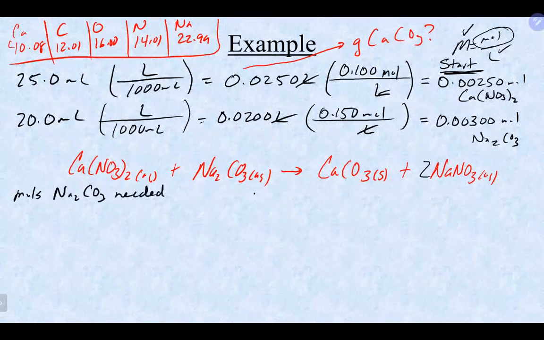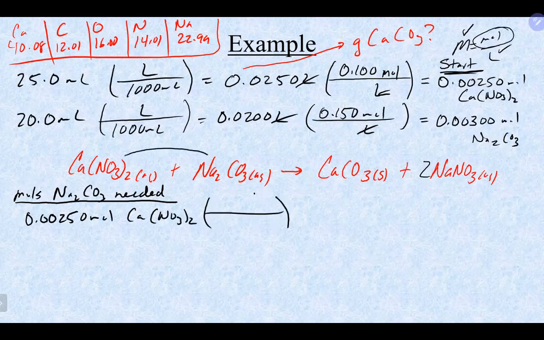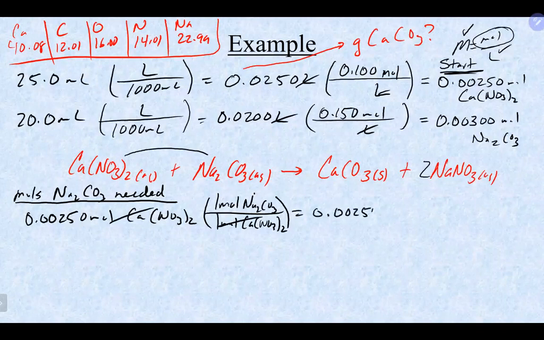We would take our starting amount of calcium nitrate, 0.0025 moles. We then do a mole to mole relationship between the two reactants, which is 1 mole of sodium carbonate for 1 mole of calcium nitrate. The moles cancel, and 0.0025 moles of sodium carbonate would be needed.